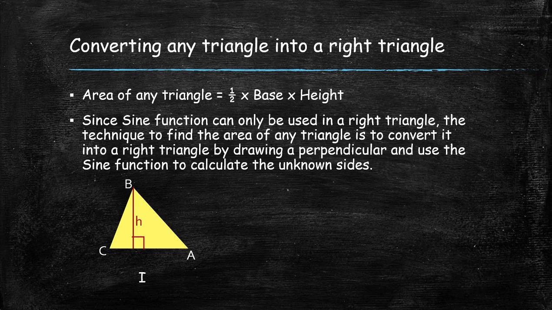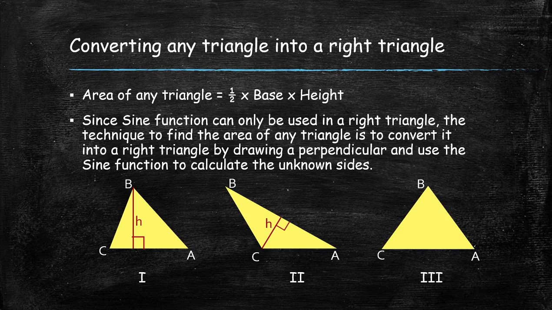Now due to this we can use the sine function and calculate the area of the triangle if we know the sides and angles. Then it's an obtuse angle triangle, figure 2, triangle ABC. Here also we drew a height from C to side AB, and then if we know the sides and angles we can find the area of the triangle using the sine function.